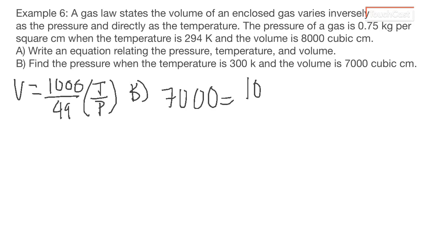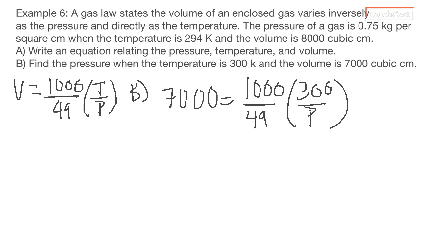That's equal to 1,000 over 49 times 300 over P. Now, what I'm going to do first to get P by itself, I'm going to first isolate the stuff in the parentheses.